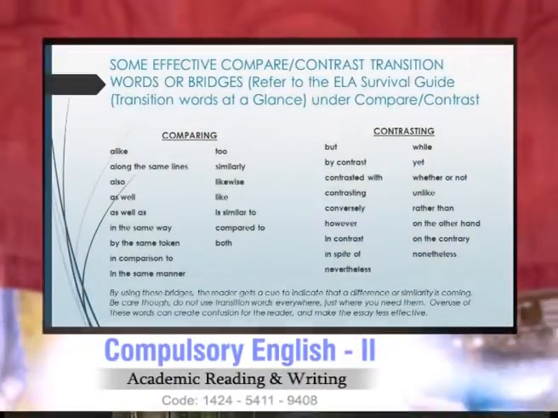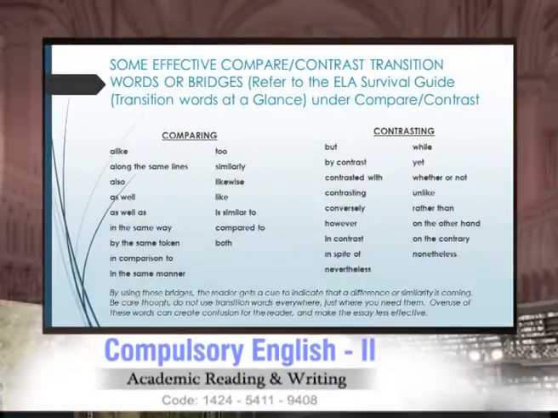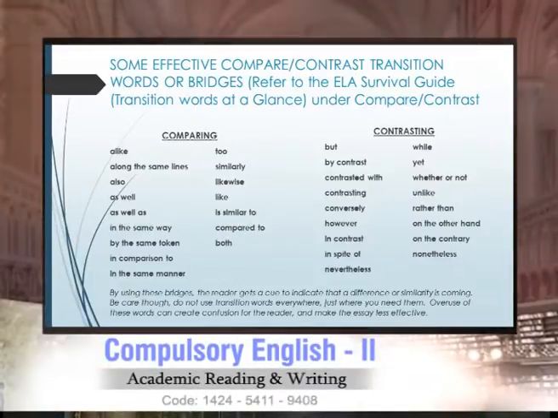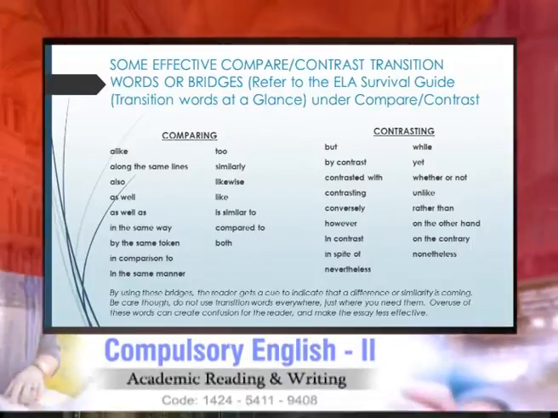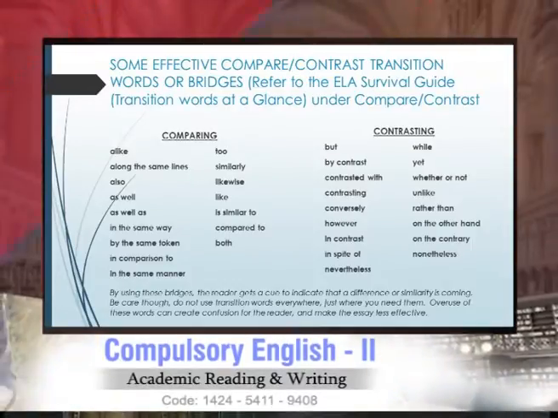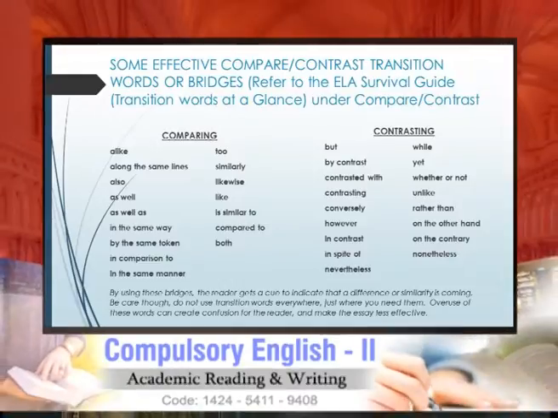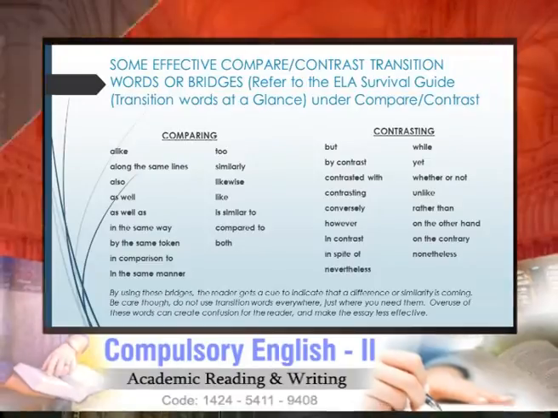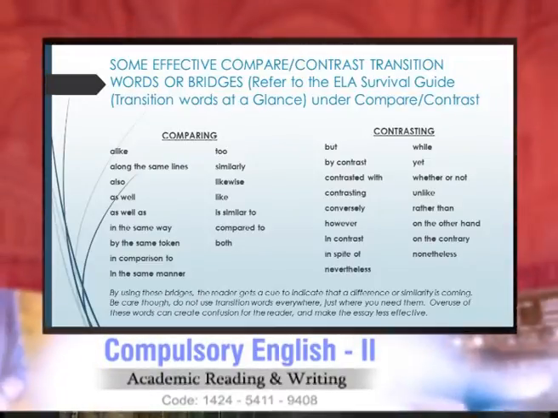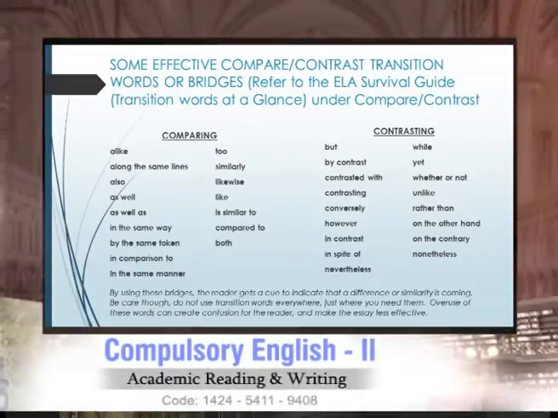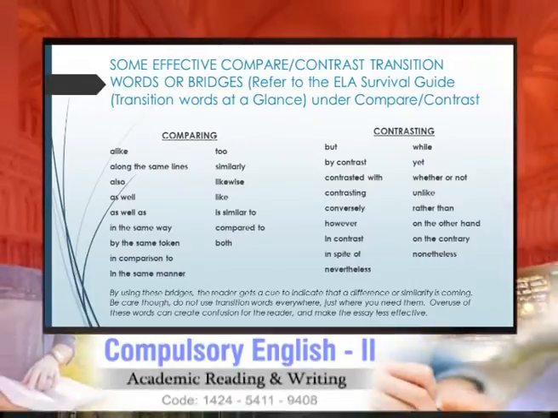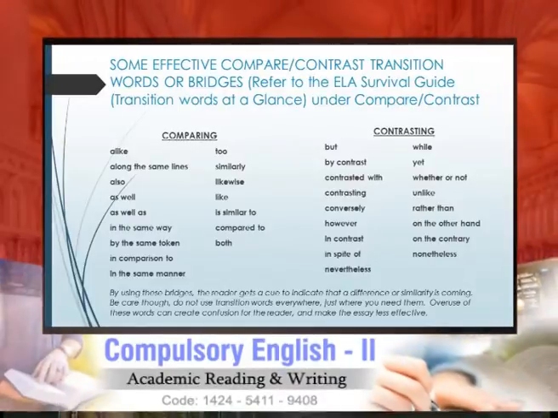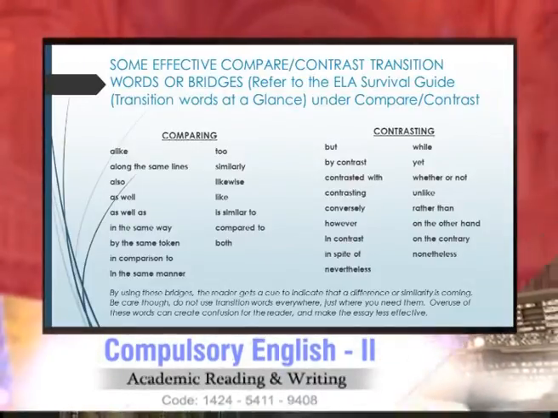For comparing, you can use terms like alike, along the same lines, also, as well as, in the same way, by the same token, in comparison to, in the same manner, similarly, likewise, like, is similar to, compared to, and both.